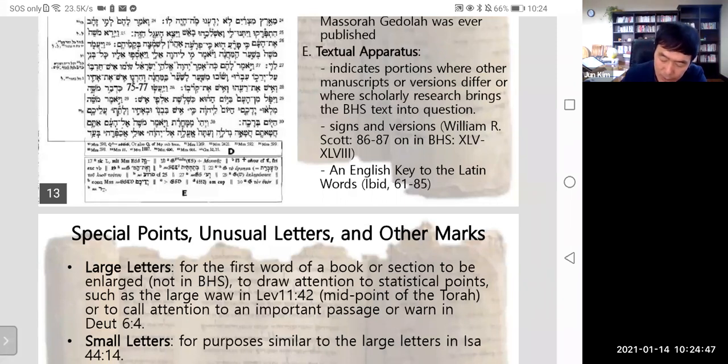Let's move on. The textual apparatus indicates portions where other manuscripts or versions differ, or where scholarly research brings the BHS text into question. So you need to understand all the signs and versions of this textual apparatus.